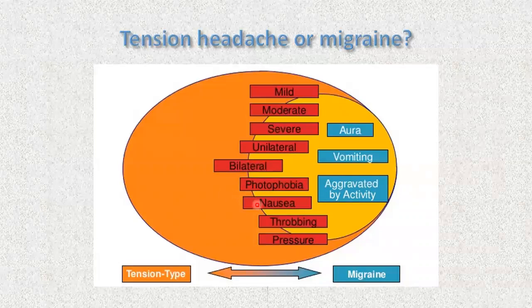Tension headaches are less likely to cause nausea than migraines, and are more likely to feel like a pressure headache and less like a throbbing headache. The point of this diagram is to indicate that everything in red could be a symptom of either of these things.